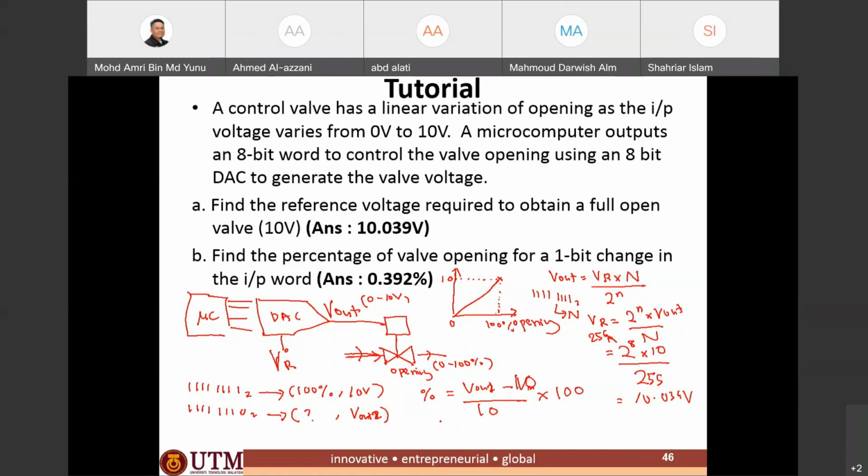So what is this value? We can use this formula for V out 2.